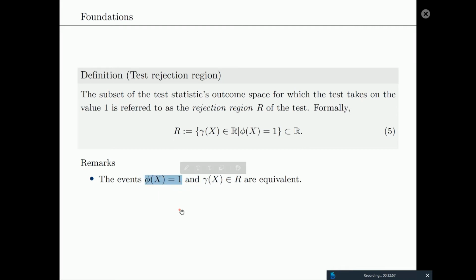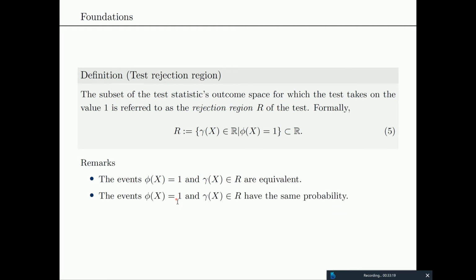This is why this equivalence of rejection regions and the allocated probabilities, and the event of rejecting the null hypothesis, are important. This is what this says. So the events, the test rejects the null hypothesis, or the test statistic is in the rejection region, have the same probability.